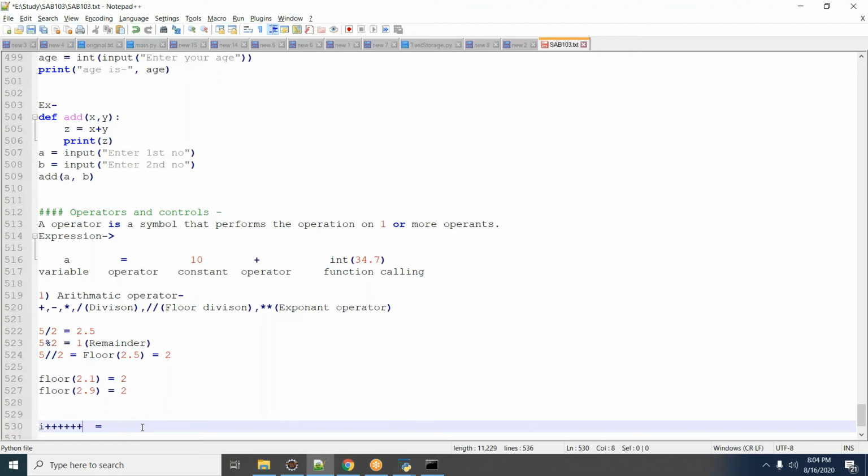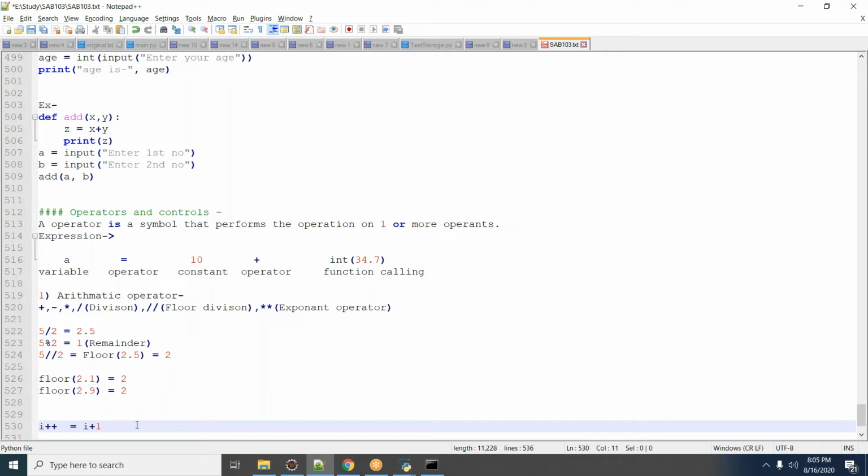In other languages, i plus plus is equal to i plus 1. Both have the same performance, and both only increment the value by one.